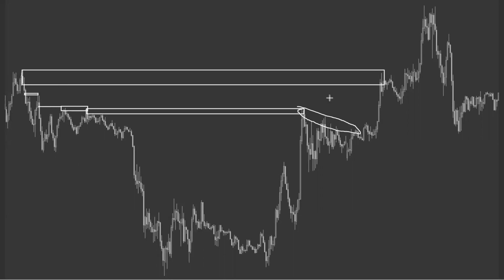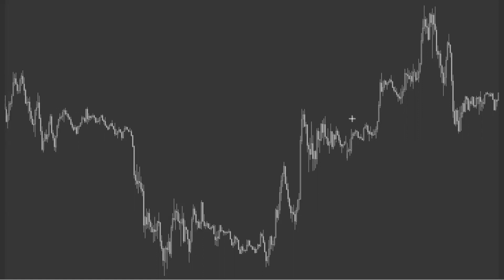And you see that's where price finds resistance. Okay, so this whole area, that's all compression.